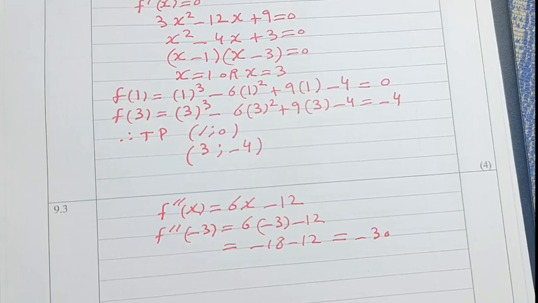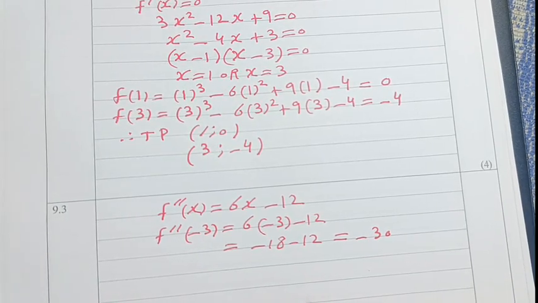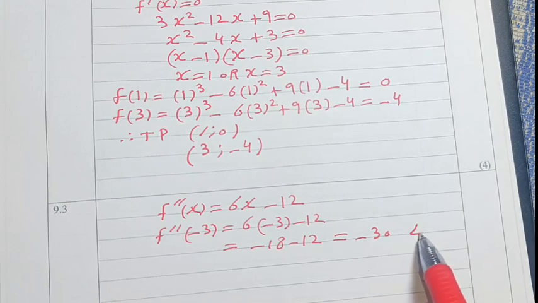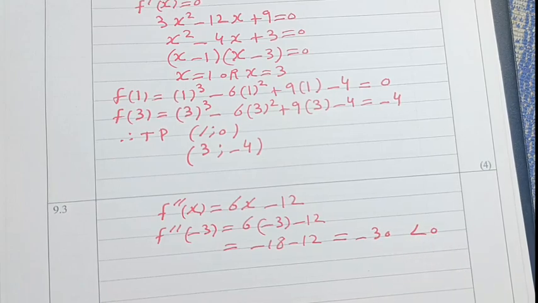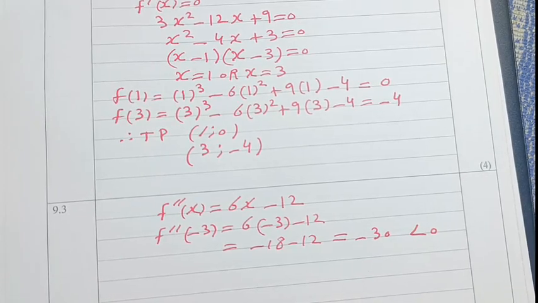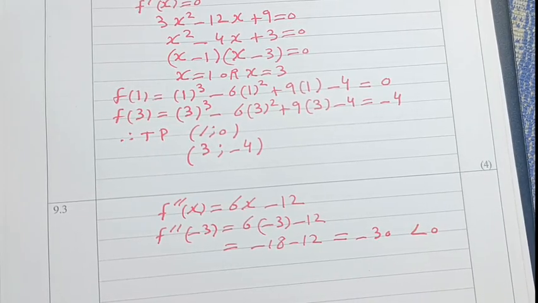Negative 30 is less than 0. If the answer is less than 0, the graph is concave down at x equal to negative 3.